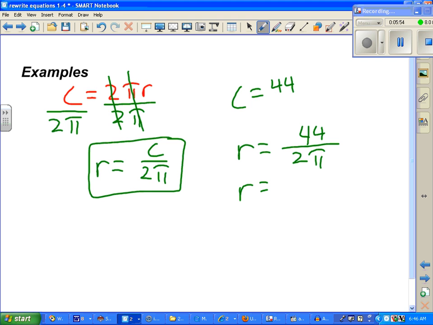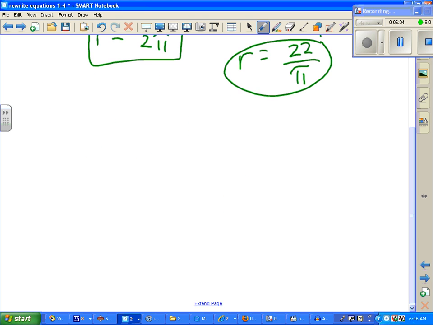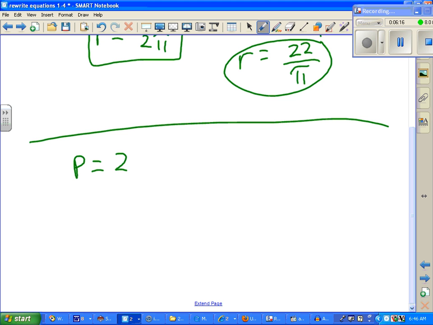So R equals 22 divided by pi when I simplify. Okay? Not too shabby. Hopefully it's simple enough. Okay. Example 2 is a little different. They use the perimeter. So perimeter equals, and we'll use what they use, 2L plus 2W, and they say solve for W.